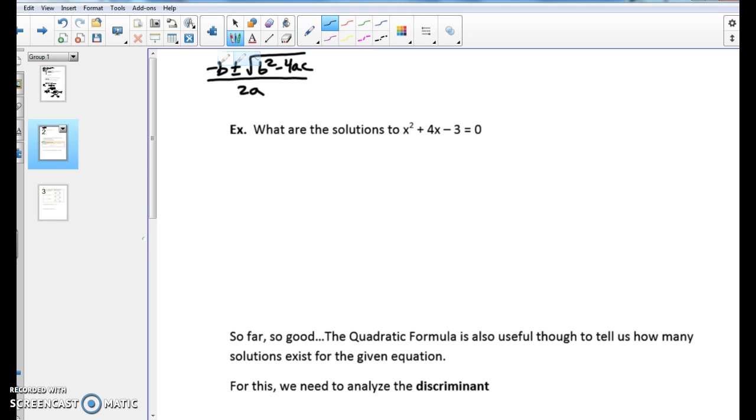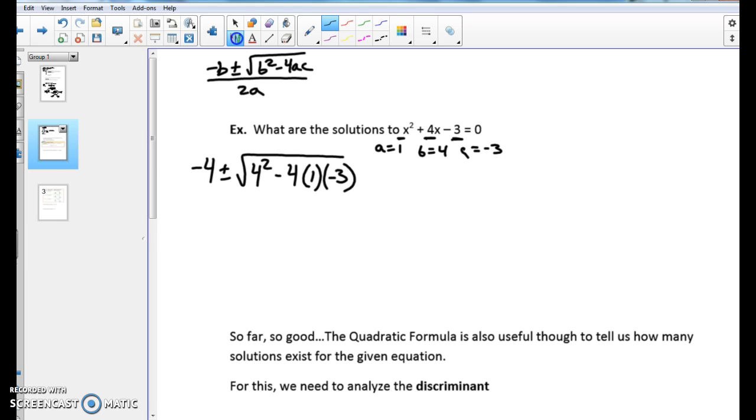Completing the square, also not going to help us out too much here because we've got to keep it in standard form. So let's go ahead and use the quadratic formula. My a value is 1, b is 4, and c is -3. So let's plug that stuff in accordingly. We get the opposite of b, plus or minus the square root of b squared minus 4 times a times c, over 2a.